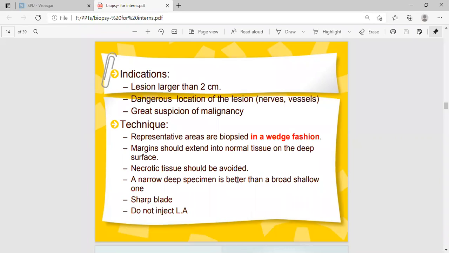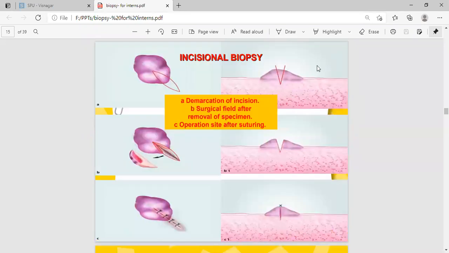Usually you need to use sharp blades, and don't inject the local anesthesia into the tissue where you are taking the incision. Surrounding the lesion, you should inject to achieve the local anesthesia.